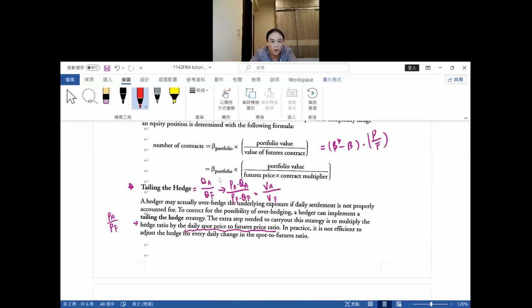The key point is that we are adding one more term into the computation of the number of contracts, which is the quantity of the asset and quantity of the futures. We are trying to compute the relative figure of value of the contract and value of the futures rather than the quantity or price only. That's tailing the hedge. So multiply by PA over PF.